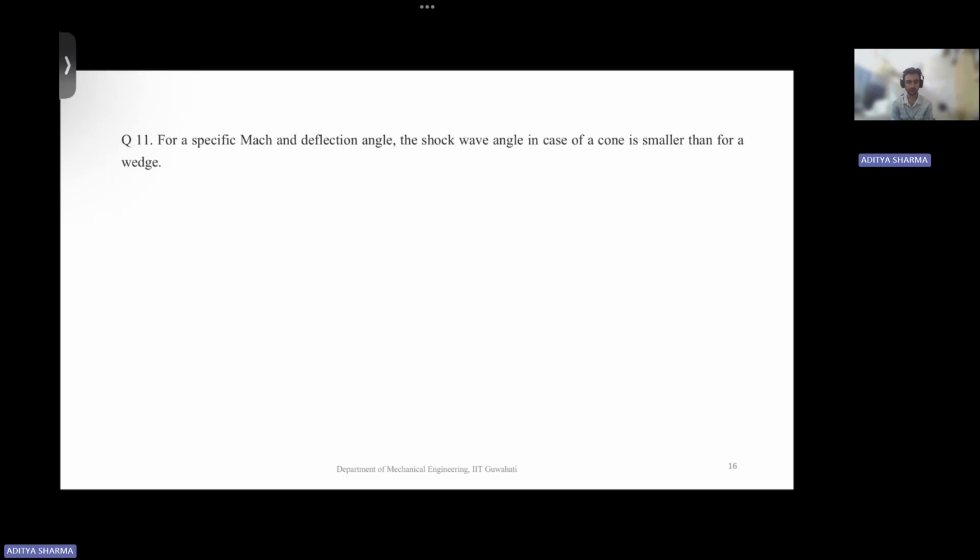Then this question: for a specific Mach number and deflection angle, the Mach is given and the deflection angle is given, the shock wave angle in case of a cone is smaller than for a wedge.